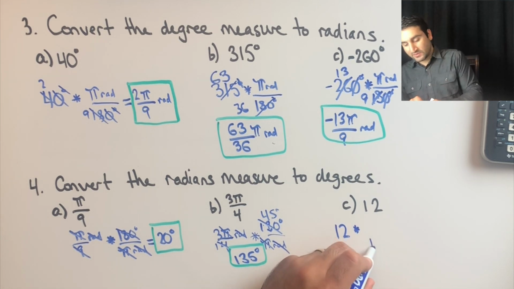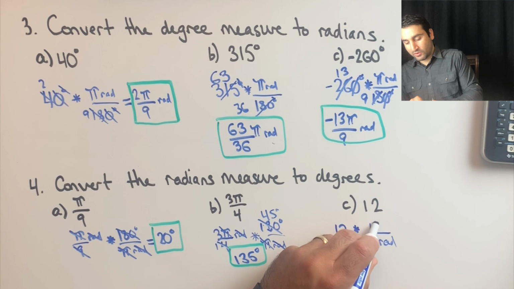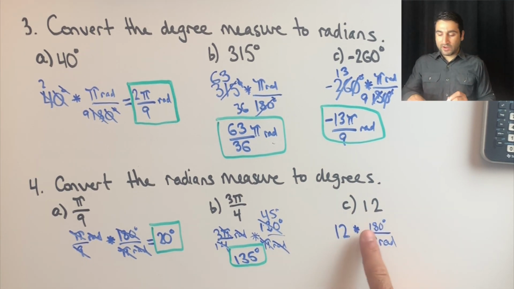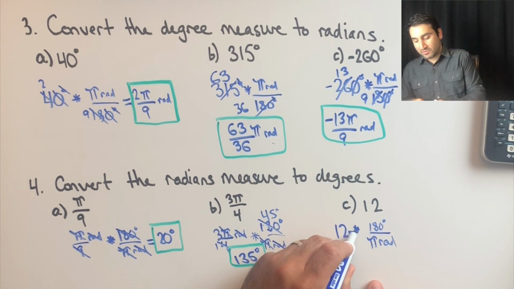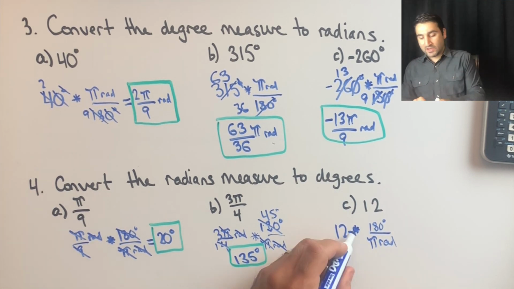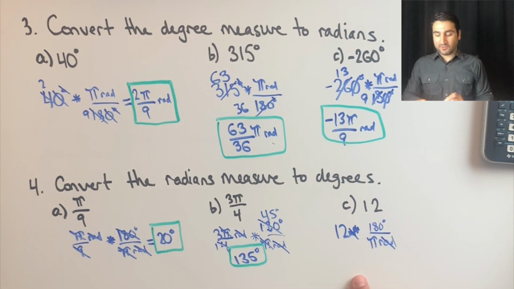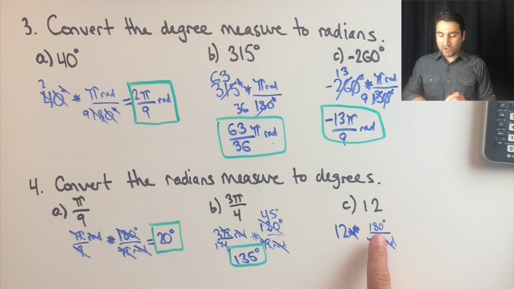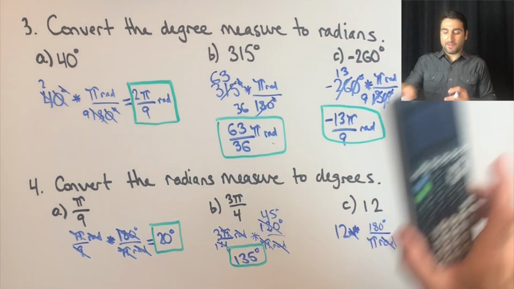So you want to put 180 degrees over pi radians, like that. The pi can't cancel out, but remember this was 12 radians, so the radians can cancel out. And this is 12 times 180 degrees divided by pi.